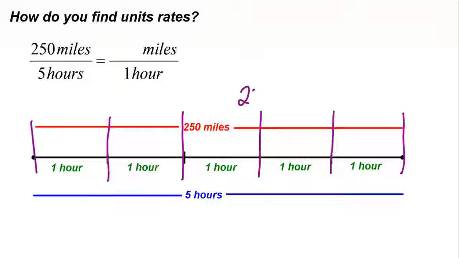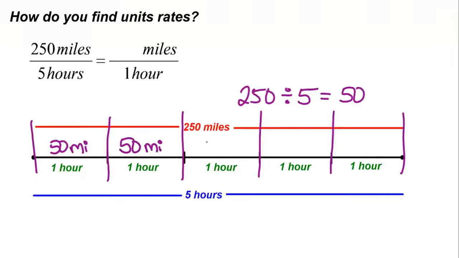So really we're going to use division. 250 miles divided into 5 equal groups is 50 in each group. So that would be 50 miles for every hour that we're traveling. So our unit rate is 50 miles every hour, or 50 miles per hour.